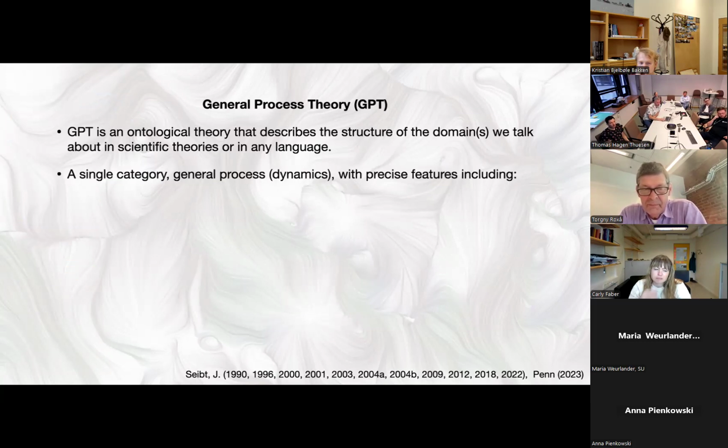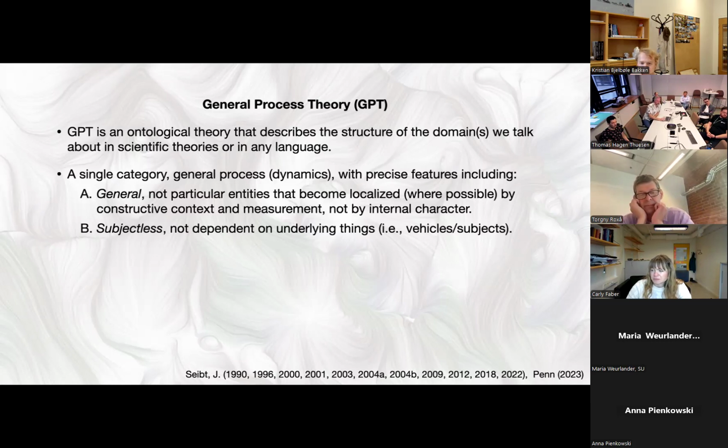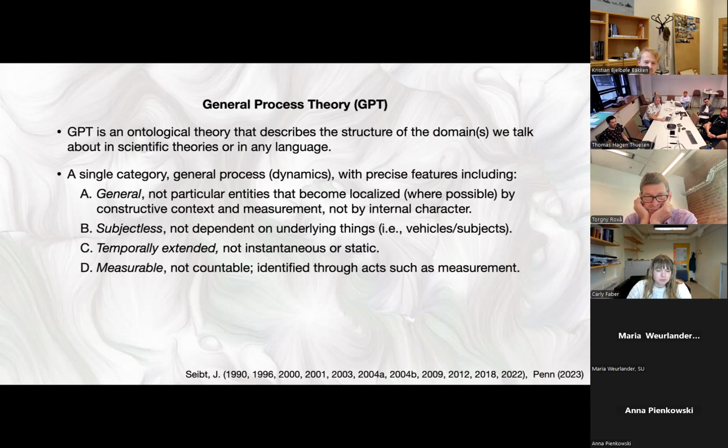It operates with a single category called general process or dynamics, it's the same thing, that has very precise category features. That includes being general, not particular. It's localized by context and measurement. It is subjectless, so it doesn't necessarily have to be performed by something, or modify underlying things. It is temporally extended, it cannot be instantaneous or static.